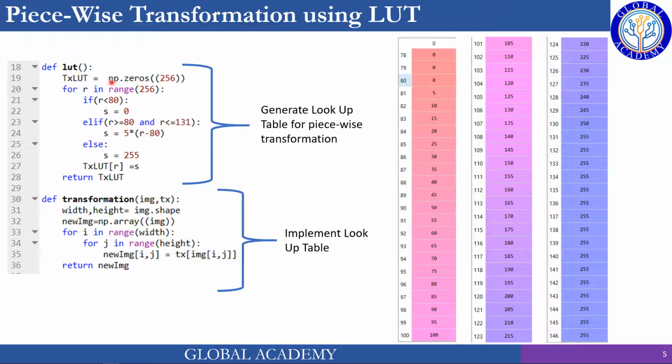We declared an empty array of zeros, txlut, which can be used as the transformation later on. A single for loop over values from 0 to 255 iterates to fill the array within if-else statements.